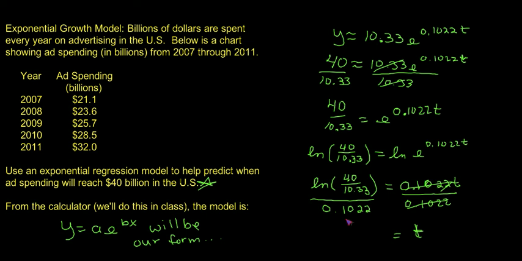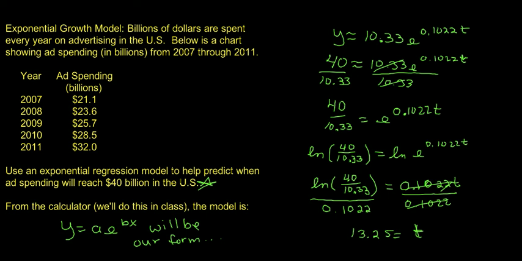If you just do it without, it'll just do order of operations, and it'll actually just do natural log of 40, find that solution, and then it'll divide by 10.33. So put it in your calculator as you see it here, divide by 0.1022, and it should come out to be approximately 13.25. So that's how many years it would be.